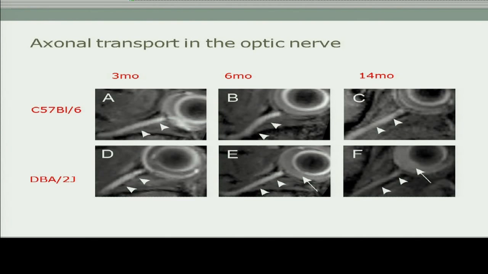What is also important is that the reason for the axonal transport failure would not be only the loss of RGC cells. For example, in the 14 months old mice with advanced glaucoma, you can still see some enhancement within the optic nerve. So there are still some living RGCs, and they still take up the manganese, but they cannot transport it.